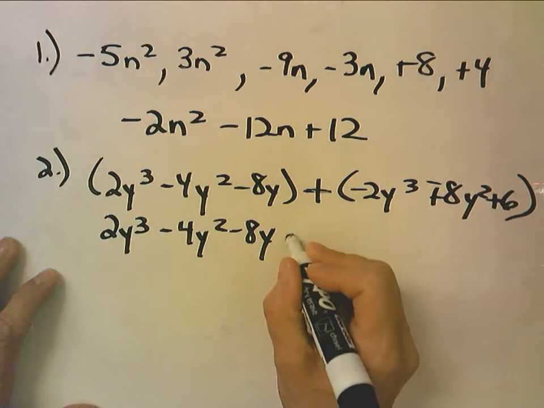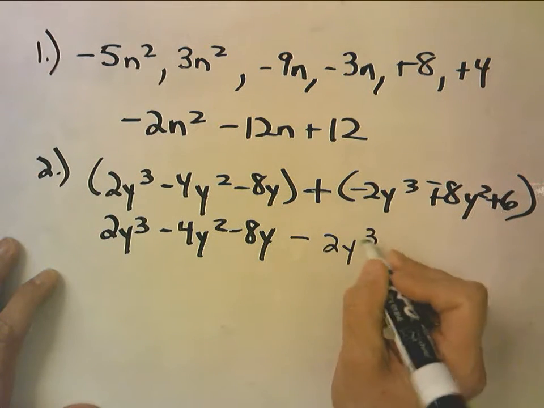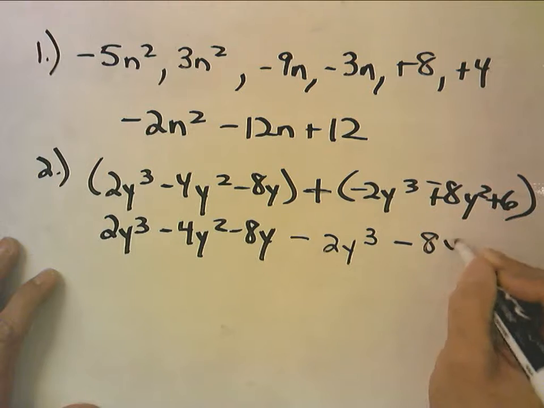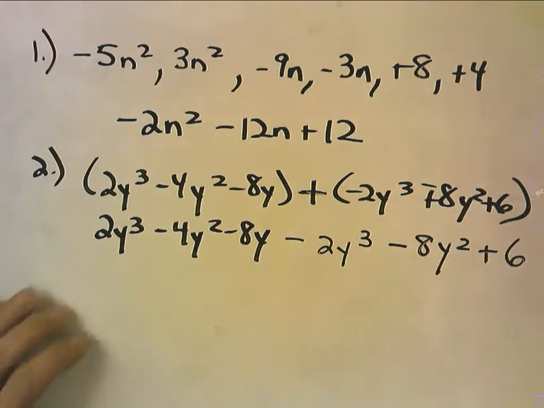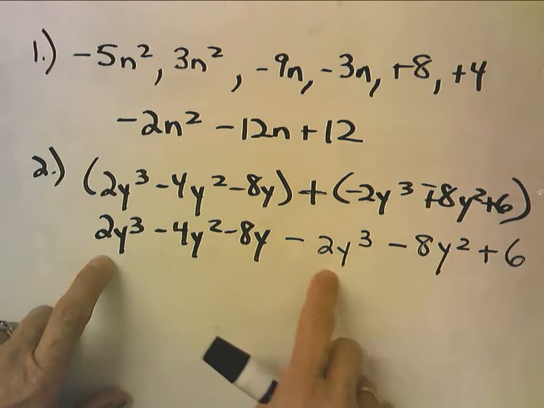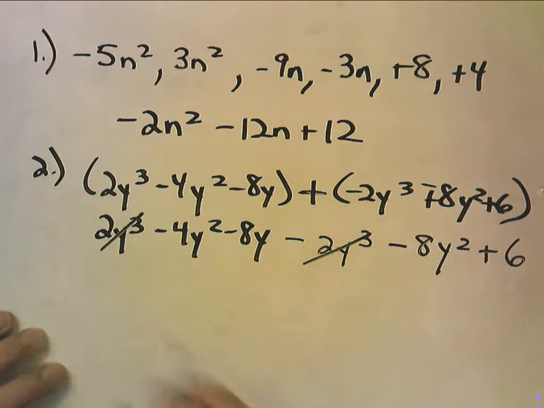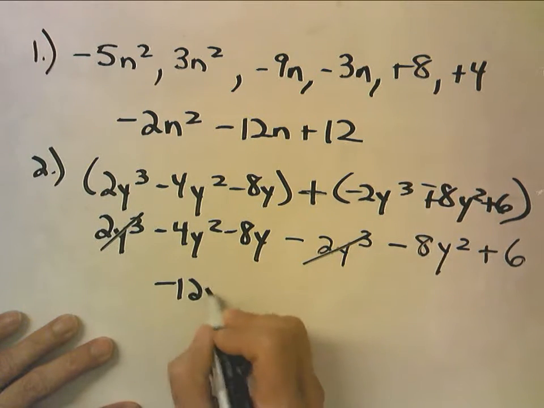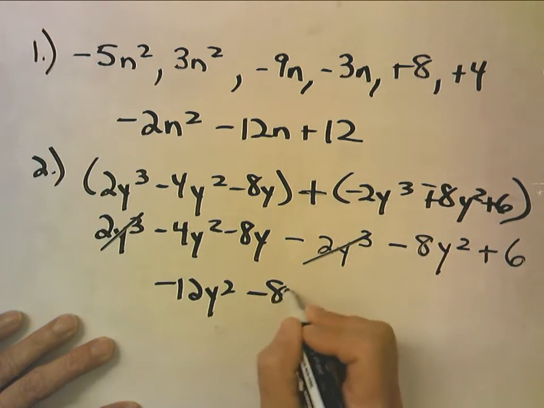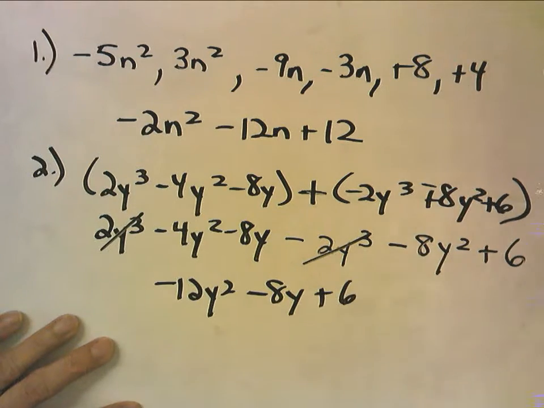So this is going to be minus 2y cubed minus 8y squared plus 6. And now 2y cubed minus 2y cubed, that goes away. Negative 4y squared minus 8y squared is negative 12y squared minus 8y plus 6.